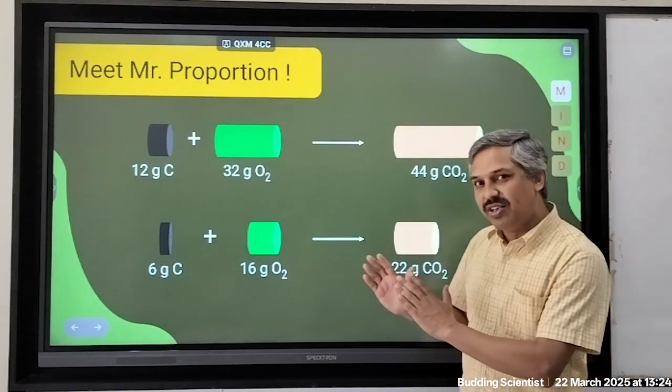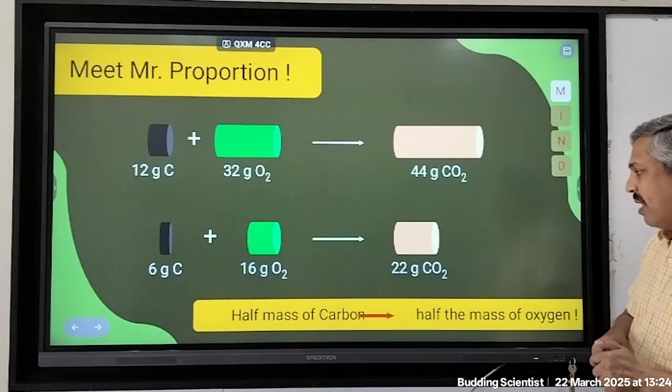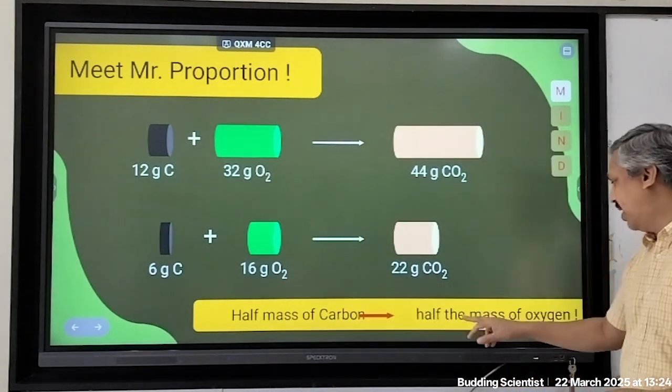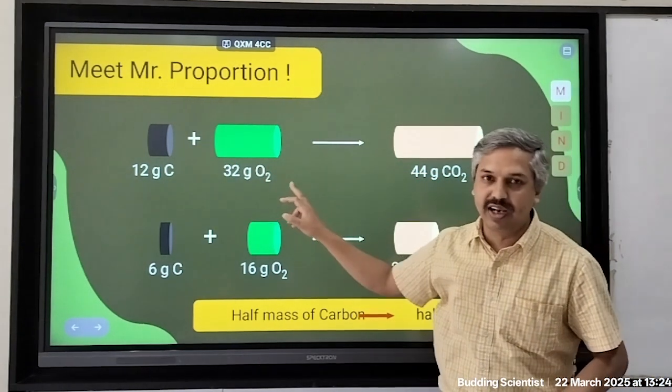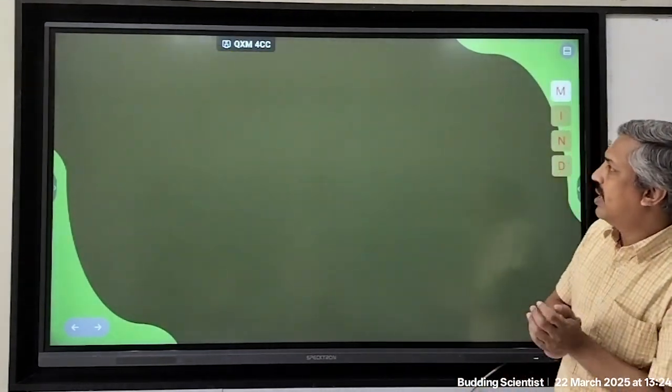Is it an addition or is there something else? Let's find out. We know for sure that half mass of carbon is resulting in half the mass of oxygen when they are reacting together. This is our observation. We'll move on to the next slide.